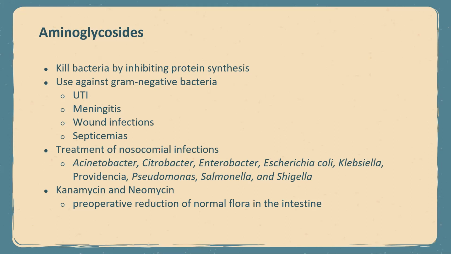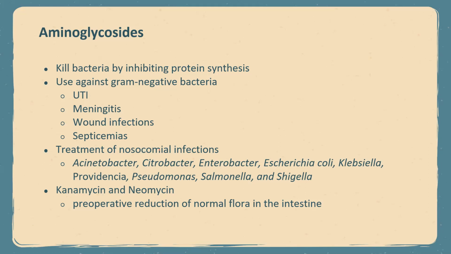Usually, this drug is primarily against gram-negative microorganisms that cause urinary tract infections, meningitis, wound infections, and septicemias. It is also recommended for the treatment of nosocomial infections caused by Acinetobacter, Citrobacter, Enterobacter, Escherichia coli, Klebsiella, Providencia, Pseudomonas, Salmonella, and Shigella.